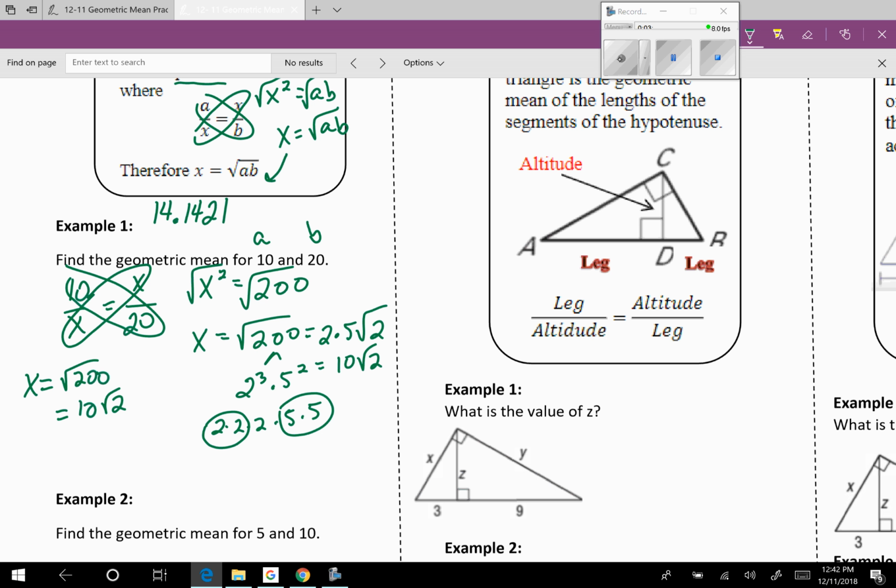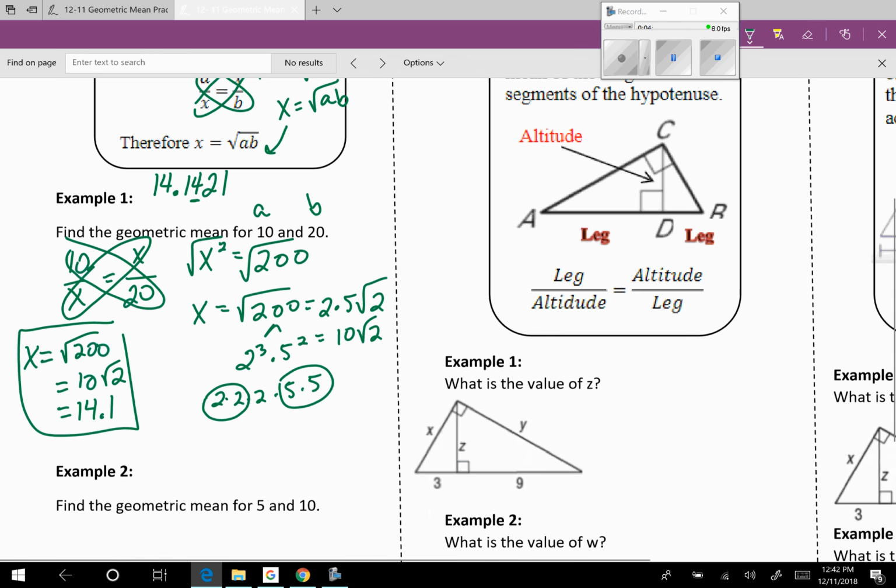We're going to round this to the nearest tenth. So in order to do that, we look at the hundredths place. There is a 4 in the hundredths place here. Remember, 4 or below, it just stays. So it's going to be 14.1 to the nearest tenth. So that would be your x, either 10 square root of 2 or 14.1.